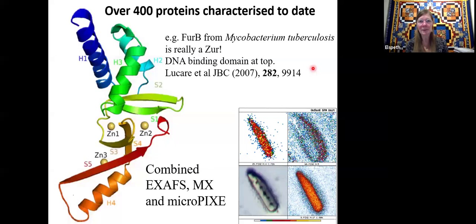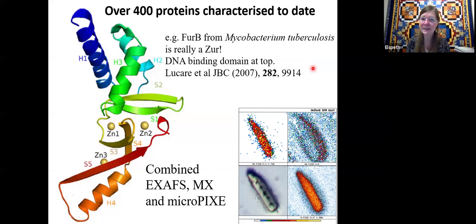And so Emke Pohl from Hamburg, now at Durham, contacted me and said, Elspeth, could you look at this? And I rang him up and I said, do you want the good news or the bad news? You've got no iron at all in there. 10 to the minus 5 ions per protein molecule is our lower detection limit, but you've got 3 beautiful zincs in there. And that completely changed what they thought this protein did.